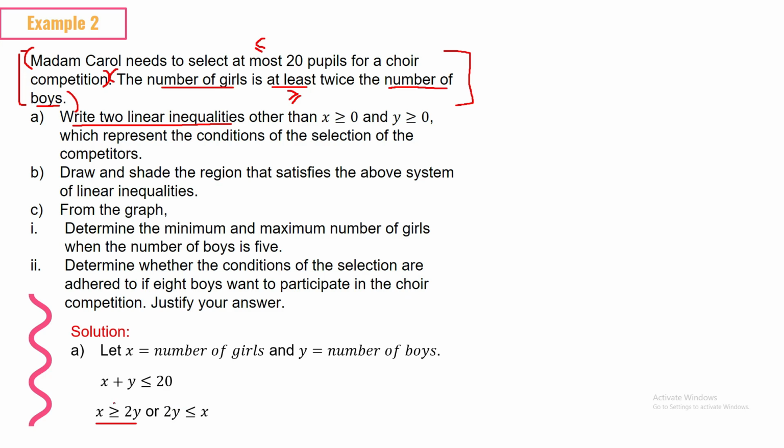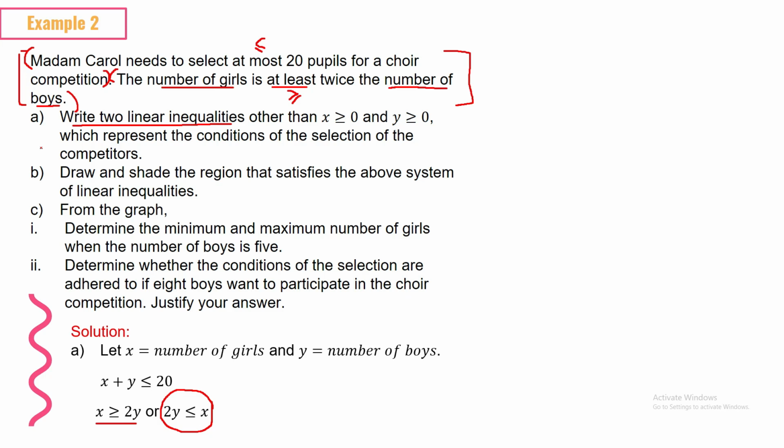So we convert this linear inequality into a proper form to draw the graph like this: 2y lower than or equal to x. You just need to invert this. If you change the position of 2y and x, the symbol also needs to change. Okay, these are the two linear inequalities for the A part.